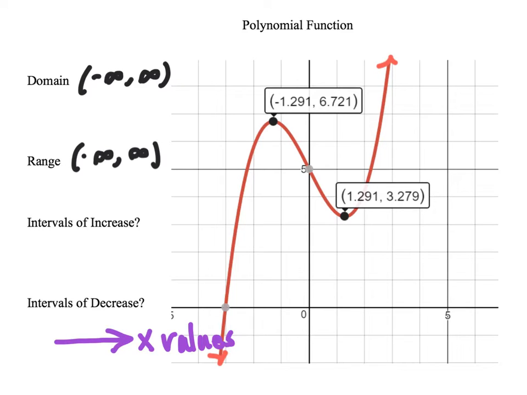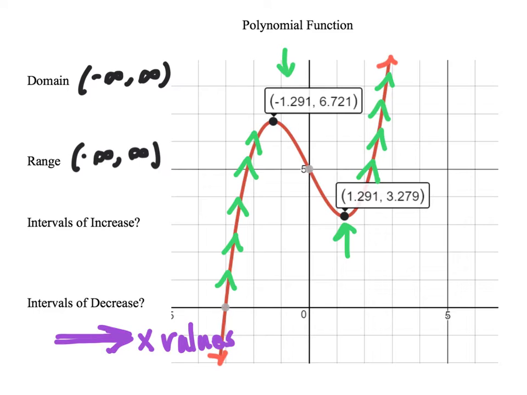If you take a look, as we come in through our x values from negative infinity, it appears that our graph is going up. It looks like our graph is increasing in value until we get to the value of negative 1.291. It also appears that at 1.291, our graph starts to go up again.